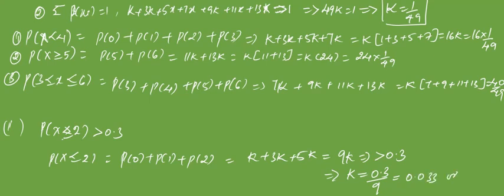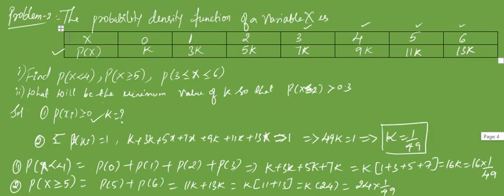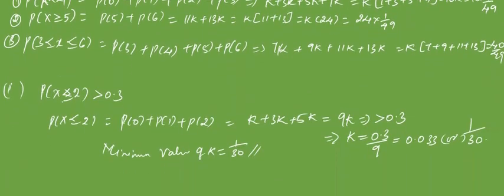This can also be written as 1 by 30. So the minimum value of k for this probability is 1 by 30. I hope this question is clear to everyone. Thanks for watching.